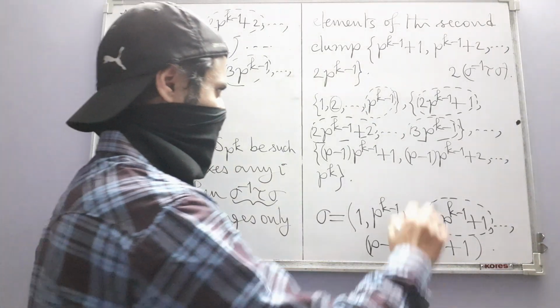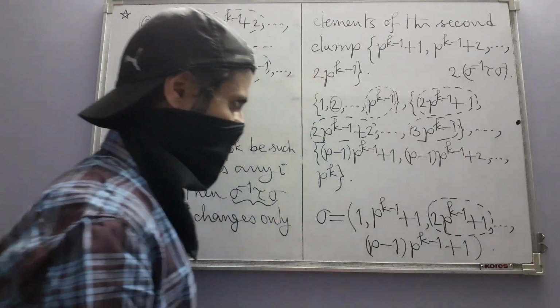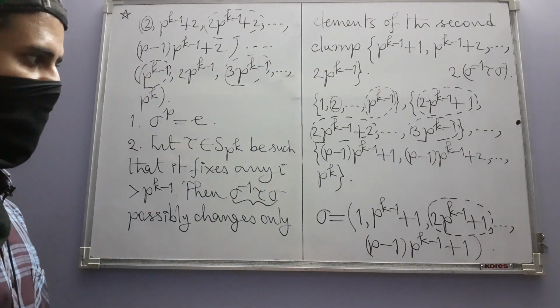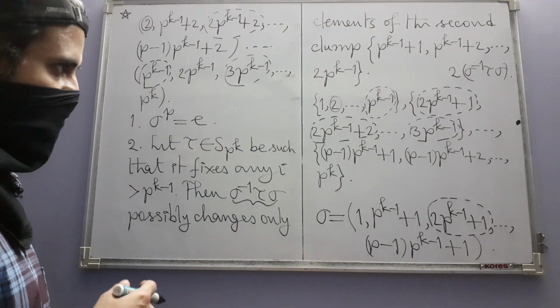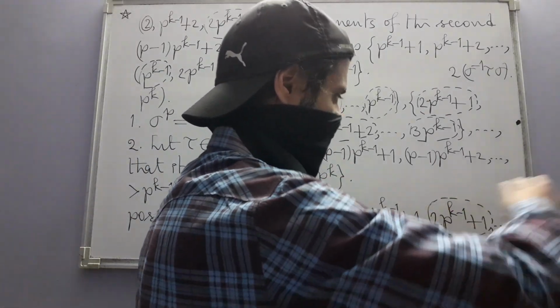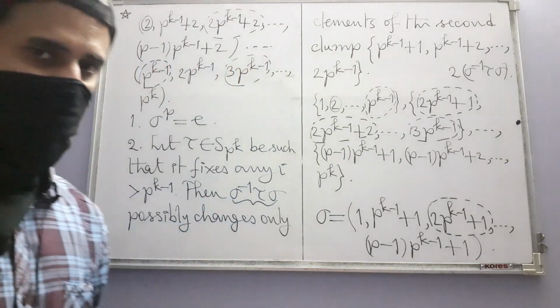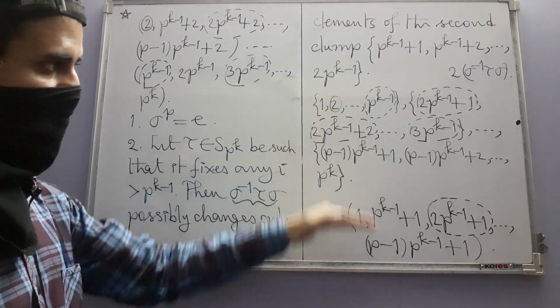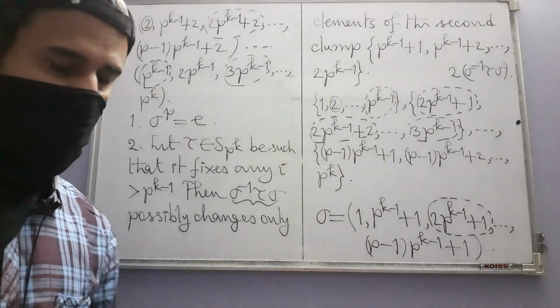So that's how the third clump also remains unchanged by tau. And you can see that this is going to be the case when you go further and further away on that side, with elements of the other clumps.